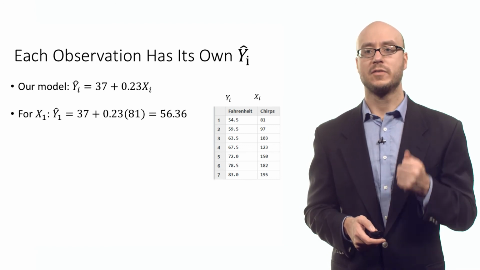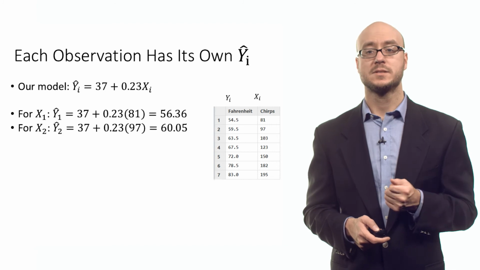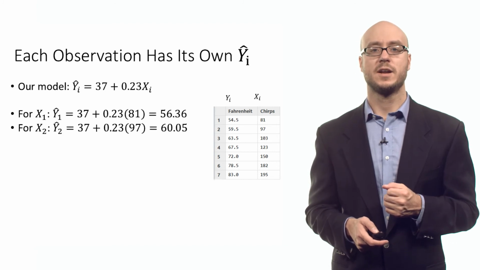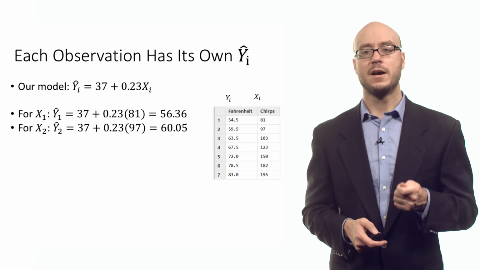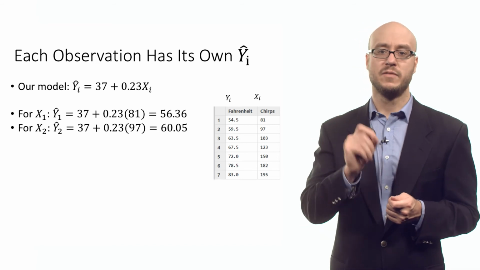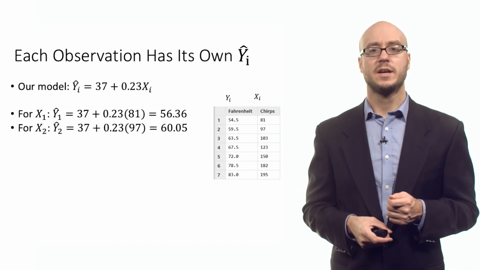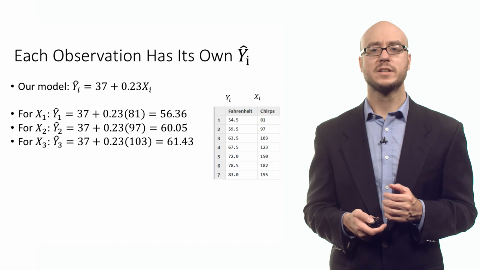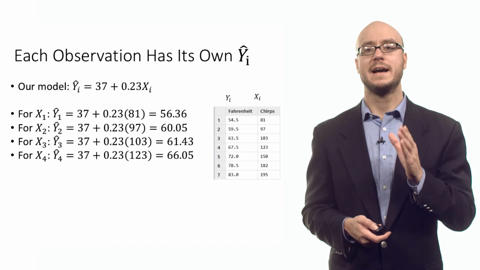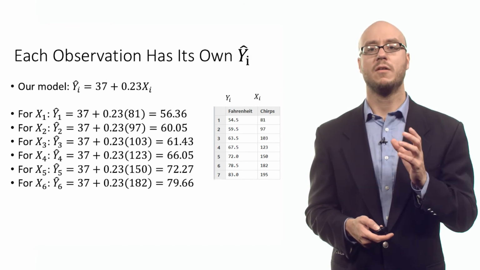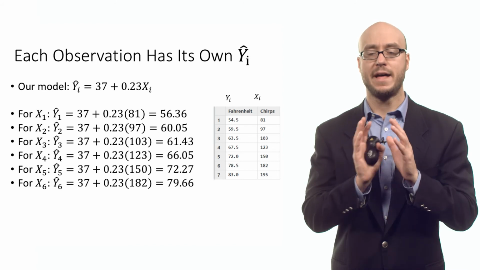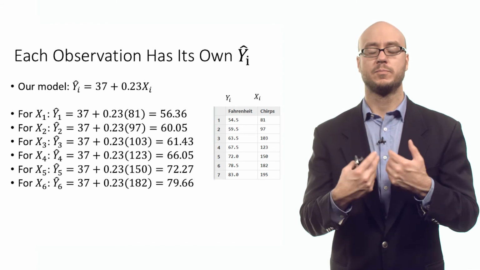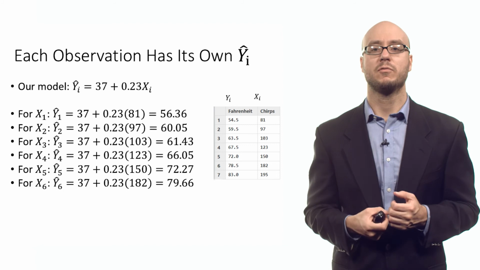The y hat for that first person is 56.36 degrees Fahrenheit. For the second row, you just plug in the value of x, which is 97, and you get a value of 60. Each row has its own value of y hat. We're simply plugging in the value of x and churning out this predicted or fitted value of y hat.